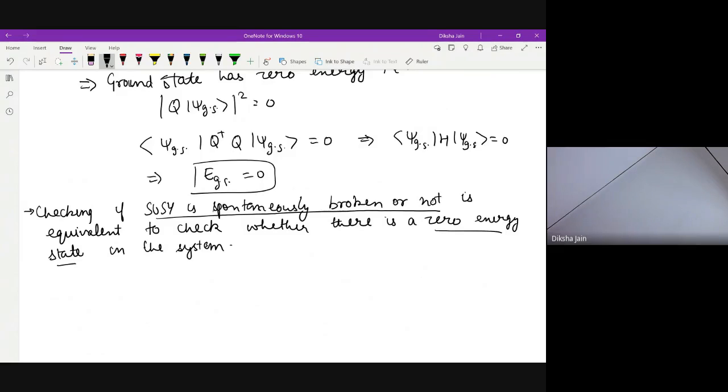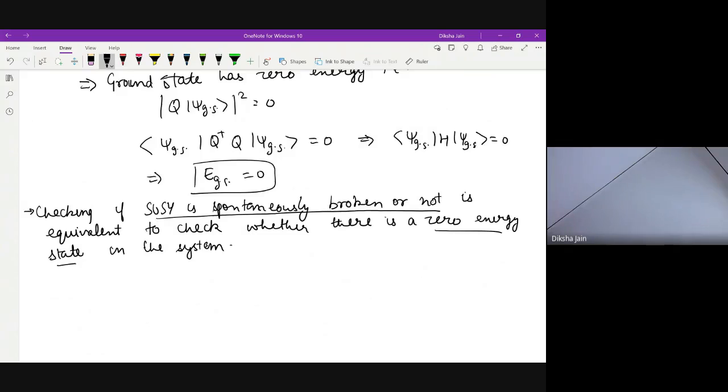But if I define a quantity which might be easier to compute than solving the full Hamiltonian, then it's nice to have a quantity whose value will tell you whether there will be a zero energy state or not. In other words, whether supersymmetry will be spontaneously broken or not. And this quantity is called the Witten index.